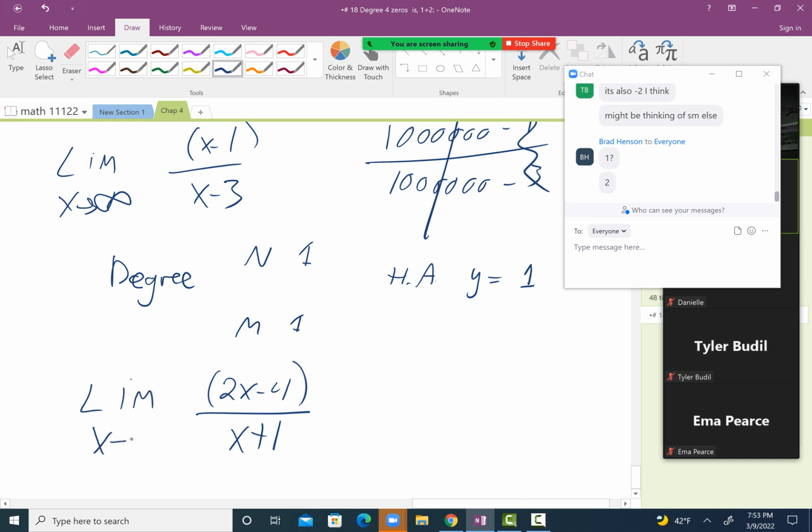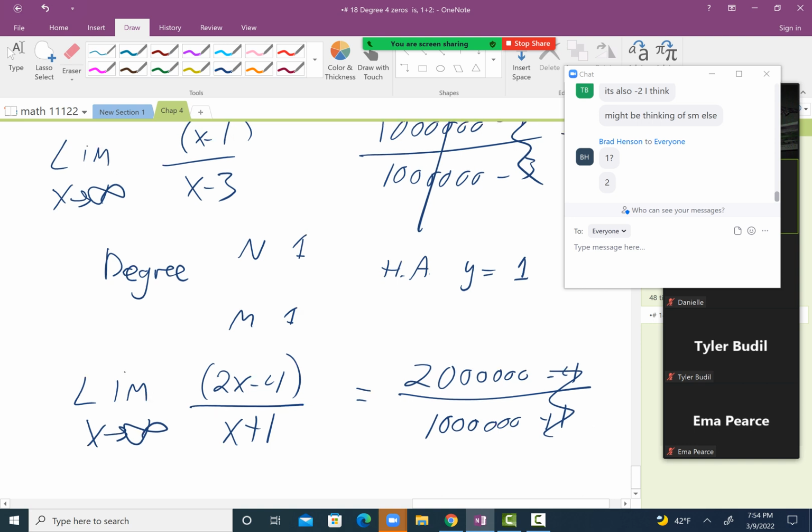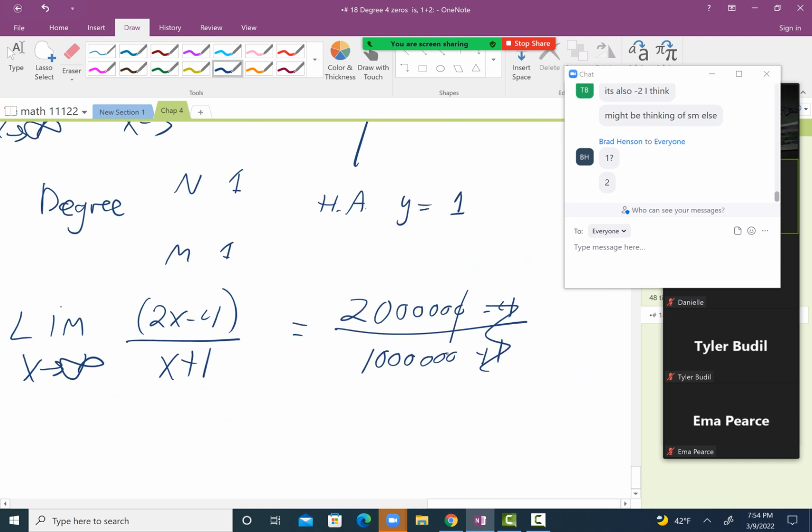If we look at this from this point of view, we're now going to get 2,000,000, because we're putting in 1,000,000 for x minus 4, which is not going to make a whole lot of difference, over 1,000,000 plus 1. So these things are really not going to make much difference in the long scheme of things. Now look at this. These zeros all go away, and we're left with 2.